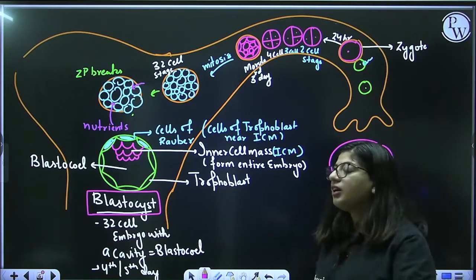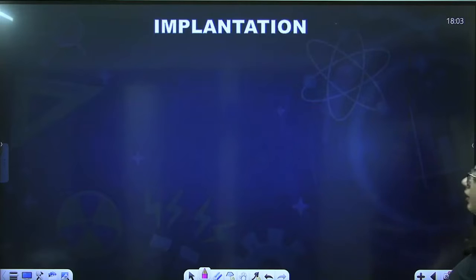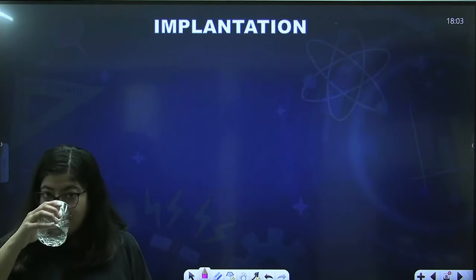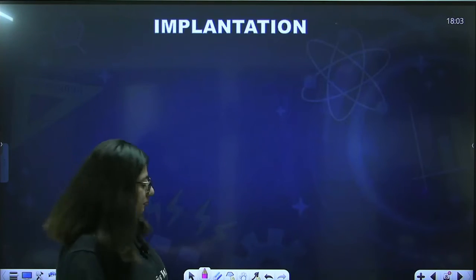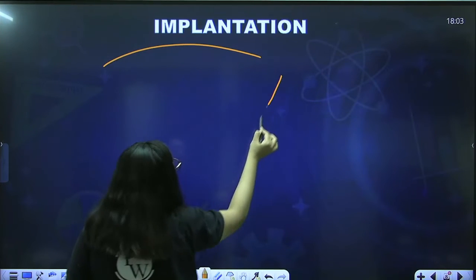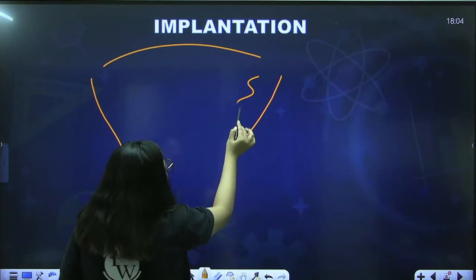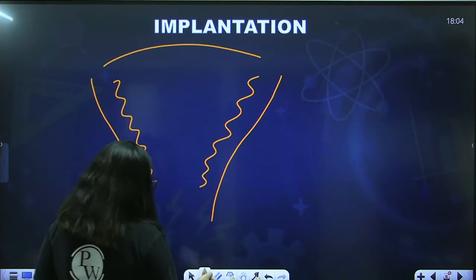Now let's see what implantation is, a very, very important topic. After the blastocyst is formed, this is the uterine wall, this is the uterine cavity, and this layer is the endometrium.